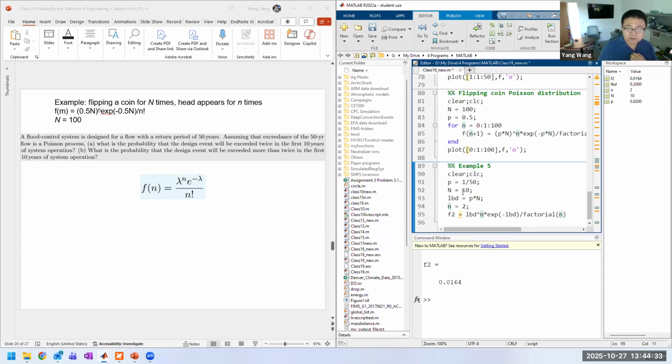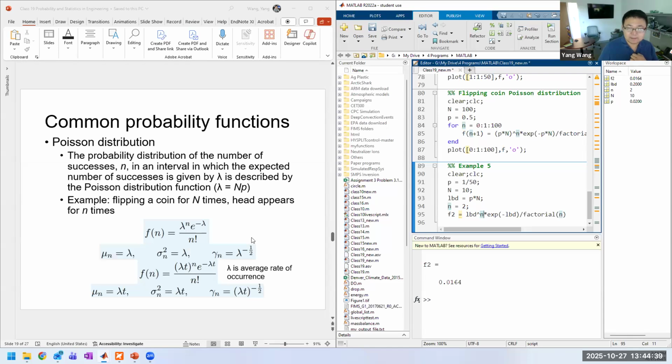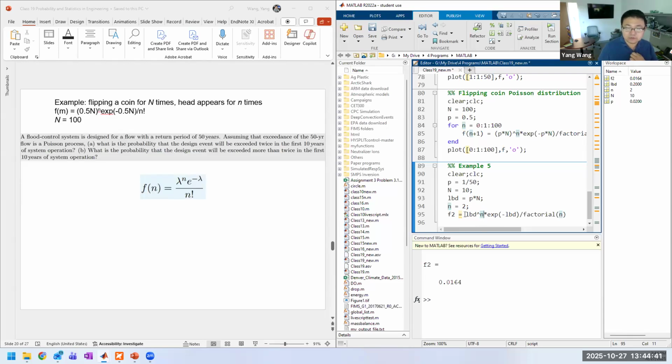We're talking about 10 years. So lambda is basically P multiplied by N, which is going to be 0.2. And then 0.2 to the power of 2 multiplied by exponential minus lambda, divided by factorial of n, which is 2. So basically it's the probability that the design event will be exceeded twice in the first 10 years. So this is the answer.